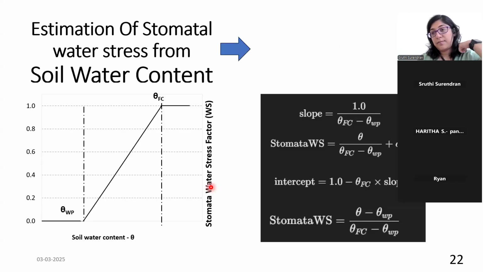Now, we are talking so much about the volumetric field capacity, wilting point, and the soil water content because we want to find out how the presence of soil moisture is going to affect the stomatal conductance. So we translate the soil water content into a factor called the stomata water stress factor, where again there is a linear model associating the stomata water stress.